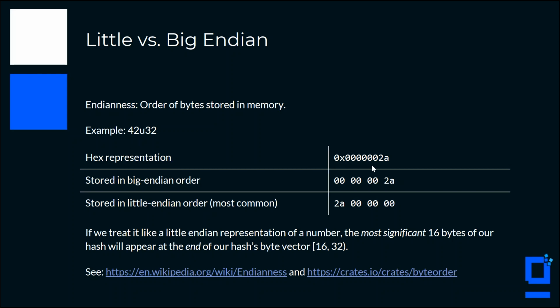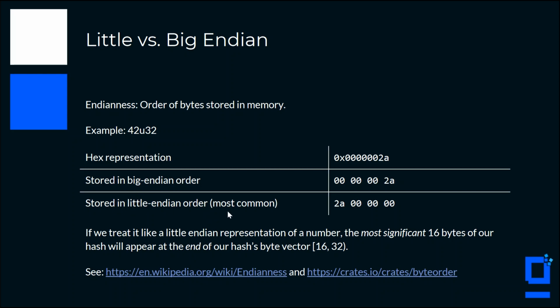We have the most significant digits here, there's zeros, and then a 2 and an A. That's similar to how a big endian computer would store the bytes: 00, 00, 00, 2A. But little endian is actually more common on computers. Sometimes when you're doing networking stuff, you'll use big endian, but we'll ignore that for now. We're just going to use little endian.